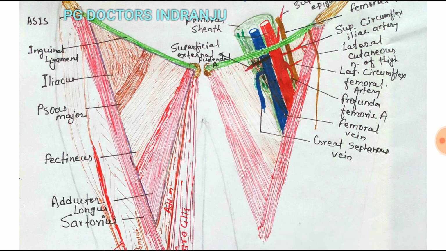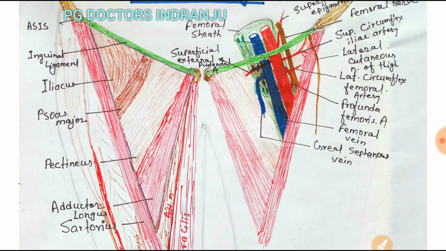This is the femoral sheath, and this continues to the femoral vein, and after that this is the femoral artery. Here, a branch of the femoral artery is the profunda femoris artery, and a branch of that is the lateral circumflex femoral artery.